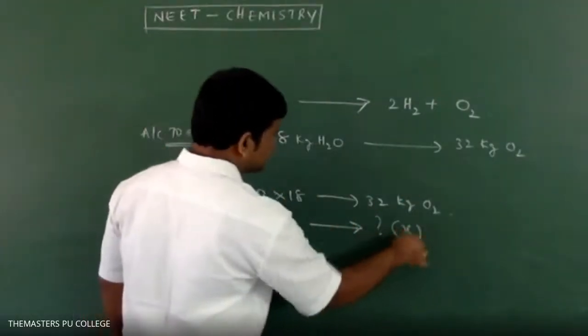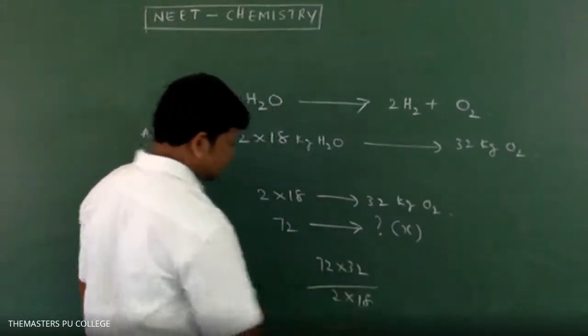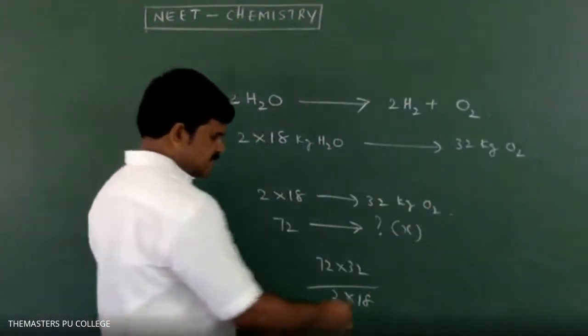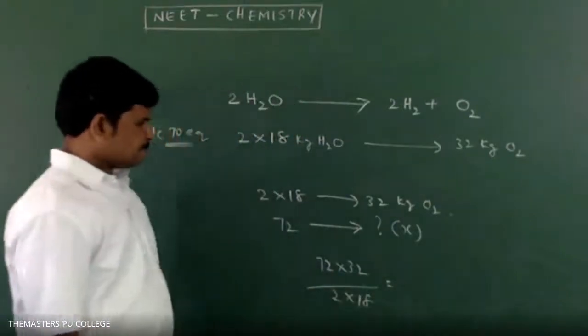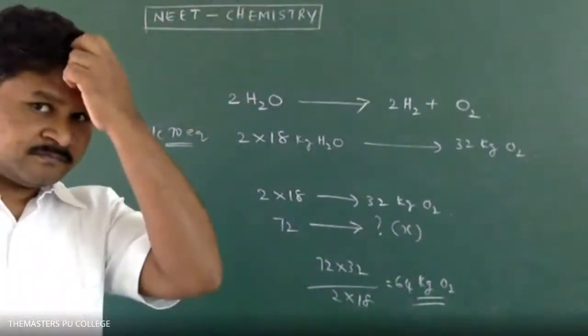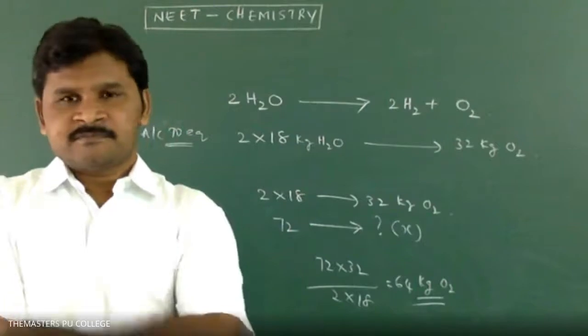Cross multiplication: 72 into 32 divided by 2 into 18 gives 64 kg. That's clear. Are you clear now? Friends, one more.